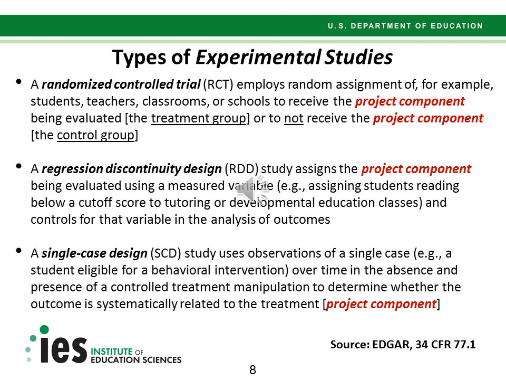A single case design, or SCD study, uses observations of a single case, for example, a student eligible for a behavioral intervention, over time in the absence and presence of a controlled treatment manipulation to determine whether the outcome is systematically related to the treatment, that is, to the project component.